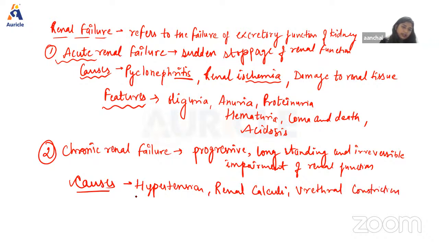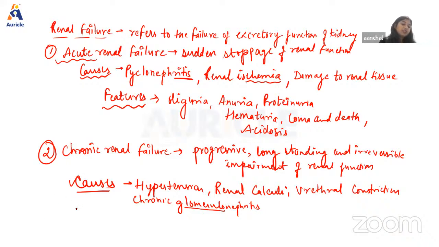Okay. And another thing is chronic glomerulonephritis. So in chronic renal disease, this is characterized by the long-term inflammation of kidney and also damage to glomerulus. So that condition is known as glomerulonephritis.